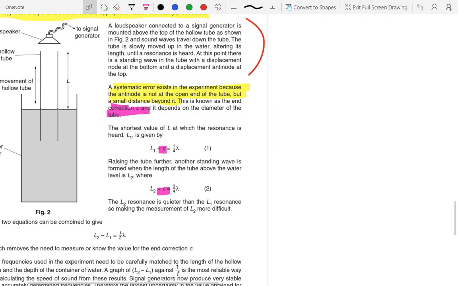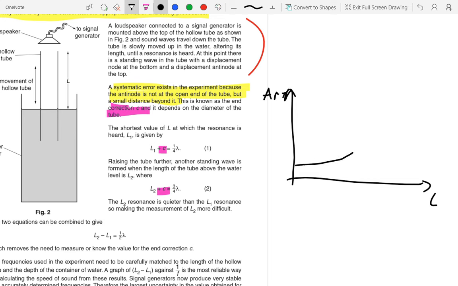So resonance will be when you're changing the length, you're measuring like the amplitude, and you're going along, it's nice and normal, and then you suddenly get a massive peak. And this here is your resonance. And they measure the length for which each of these happen. So this will be L1.